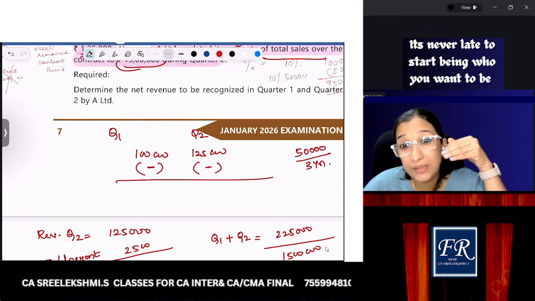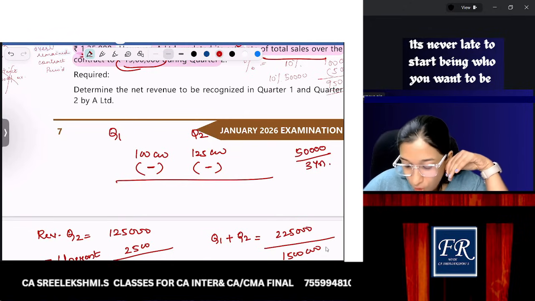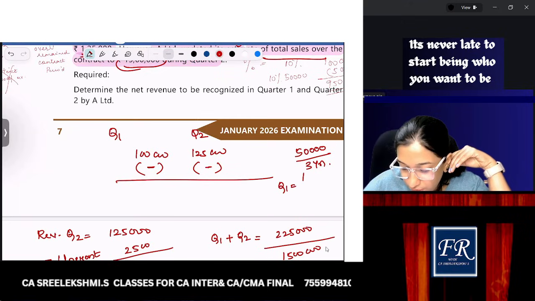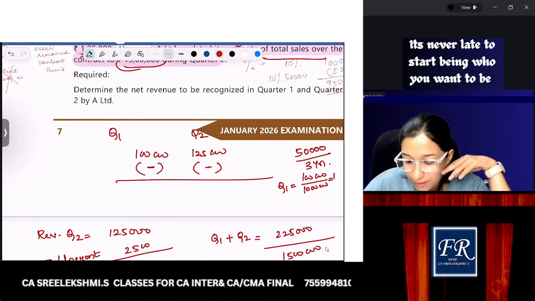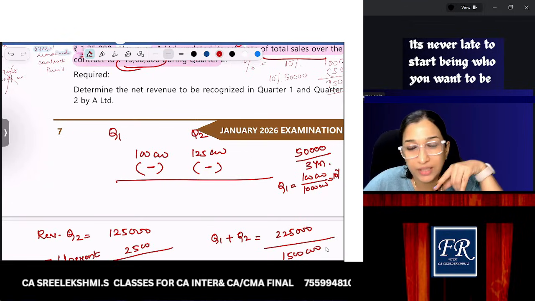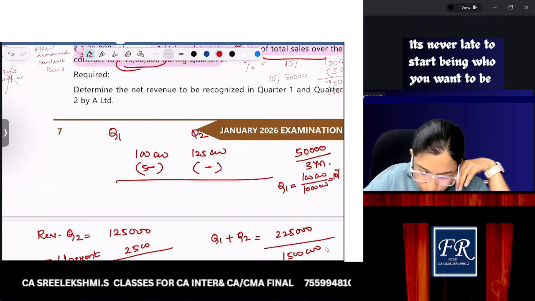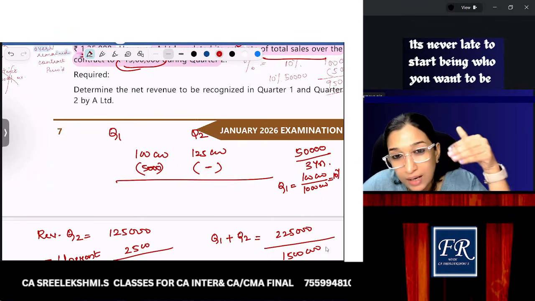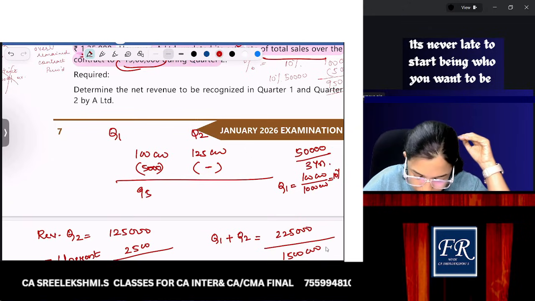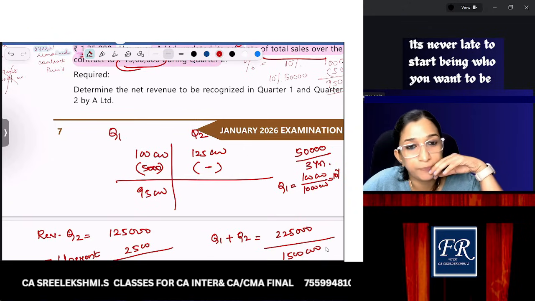I have to find out the percentage of work done. In quarter 1, the percentage of work done is 1 lakh divided by 10 lakhs, which is 10%. So 50,000 into 10% is 5,000 for work done, and 1 lakh sales. So I recognized a revenue of 95,000.